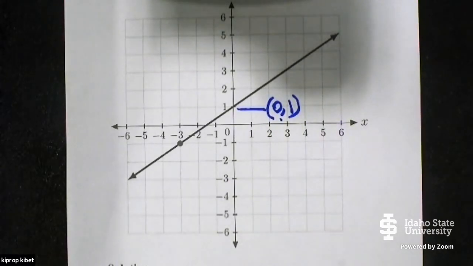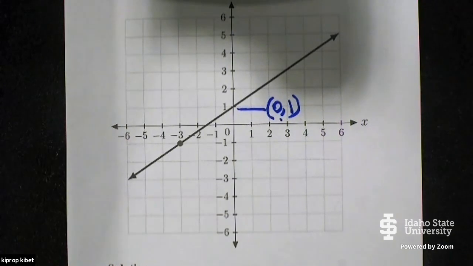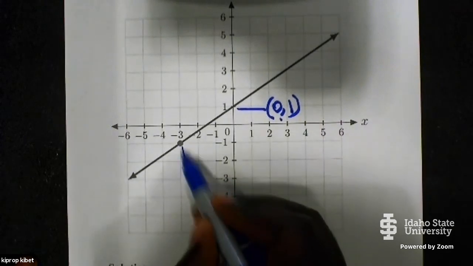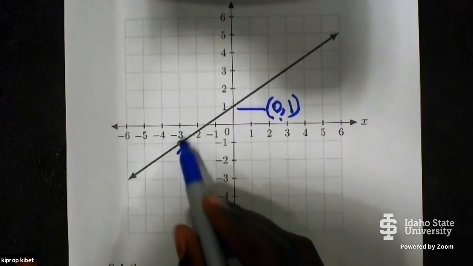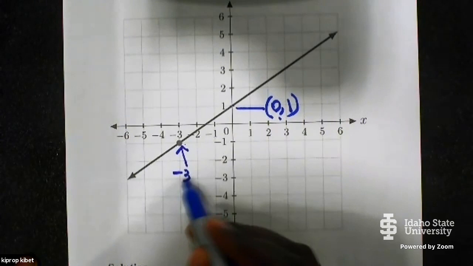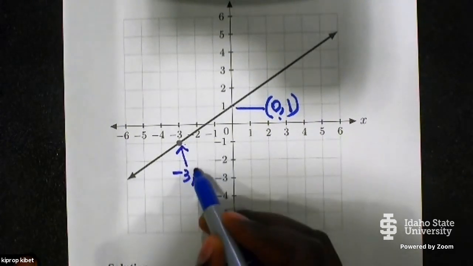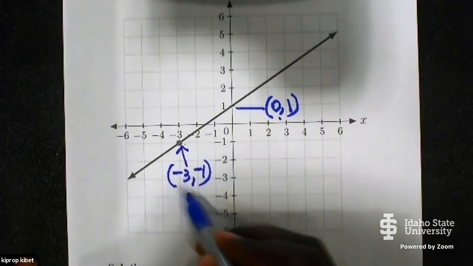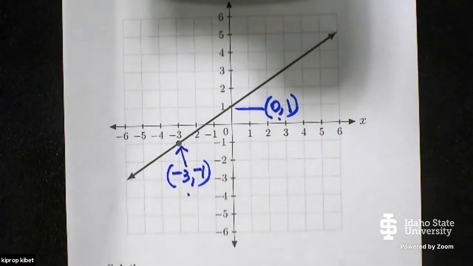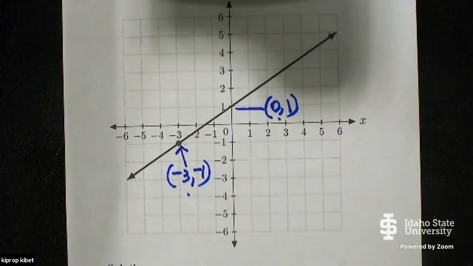Then you identify any other point on the line. So I took this point here, which is (-3, -1). So we have the y-intercept, and then we have the 2 points there. So we can get the change in y over the change in x.